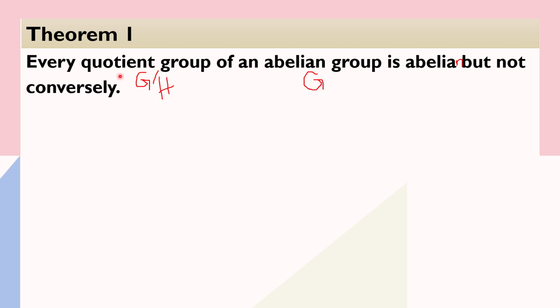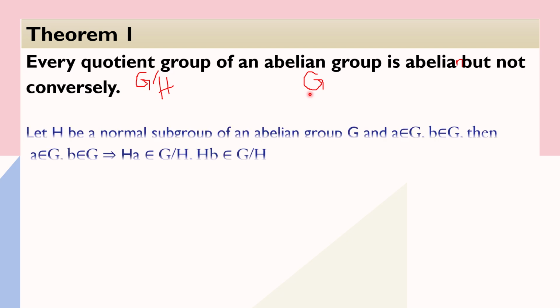So we will take the quotient group G by H, and since the group is abelian, let H be a normal subgroup of G. Since we are having a quotient group, therefore H has to be a normal subgroup, right?